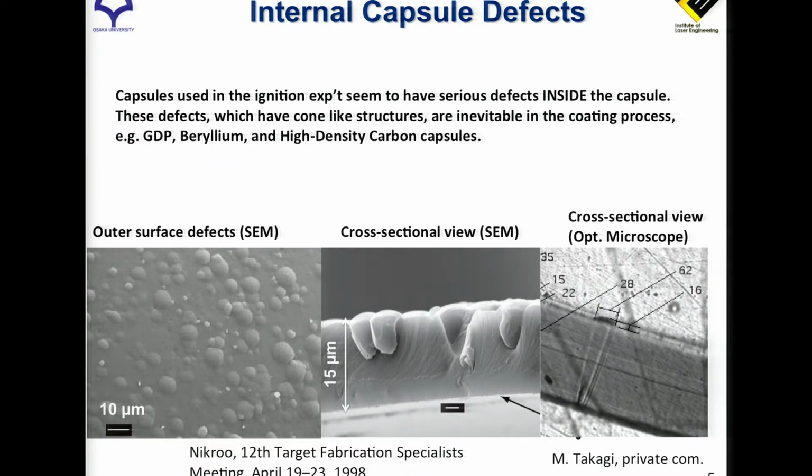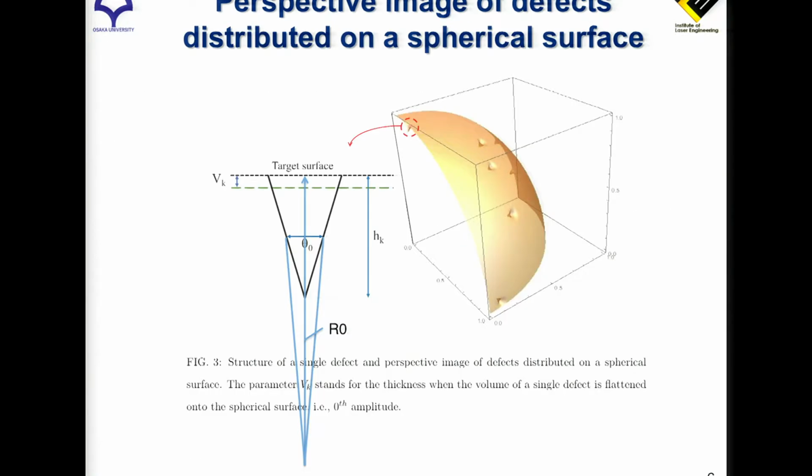And this means there is a refractive index difference in the cone. That means a density difference. So we are trying to analyze or to model such a defect by using a standard technique of Legendre polynomial expansion.